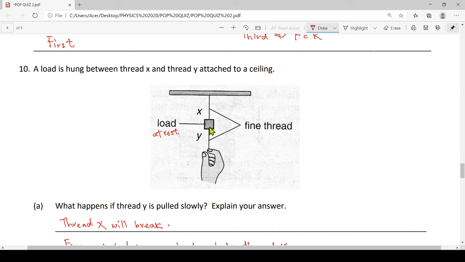It will maintain its inertia of rest. So this load will not be moved, meaning the force exerted down here will not be able to go up here. So I have my force only at this thread, this region here. So the tension builds up and finally the thread breaks.